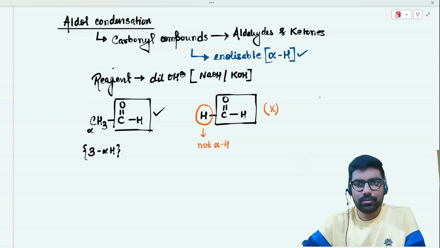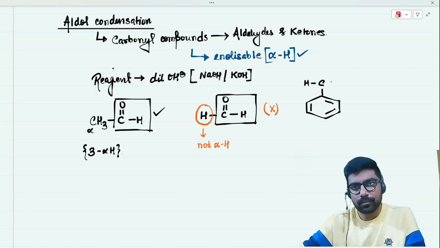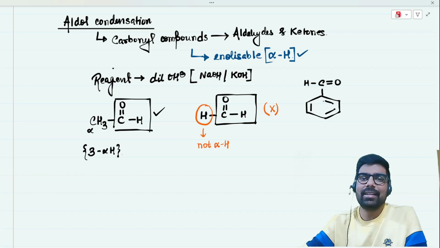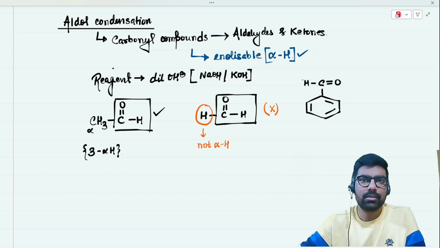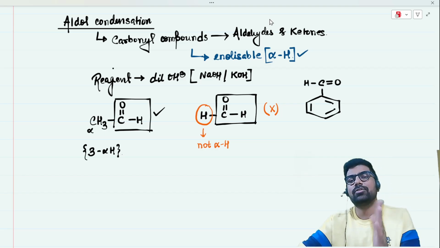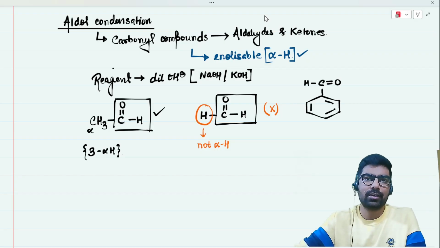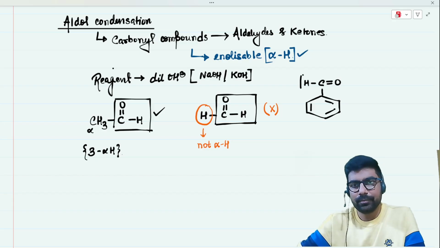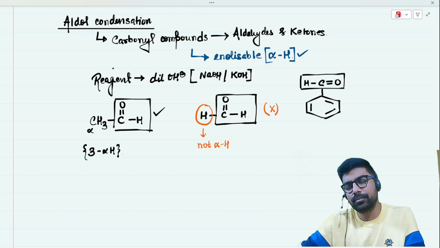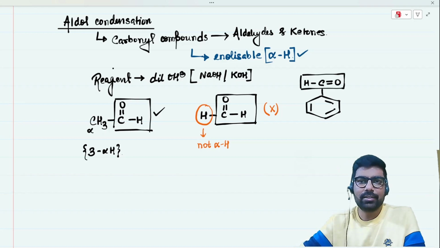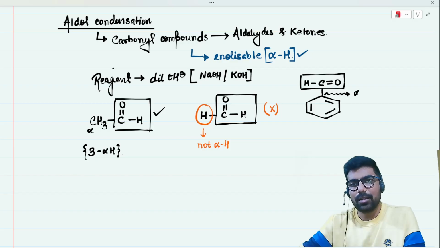Let's take another molecule. This is a benzaldehyde molecule. Now just pause the video and try to think whether this molecule will undergo aldol condensation or not. First of all, this is my functional group, and the carbon attached to the functional group is my alpha carbon.